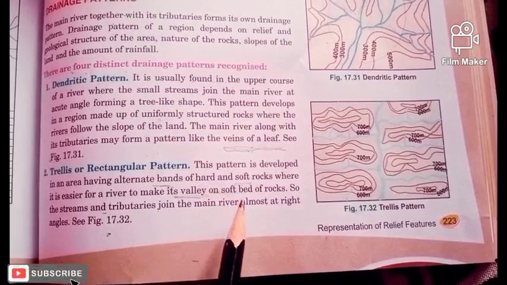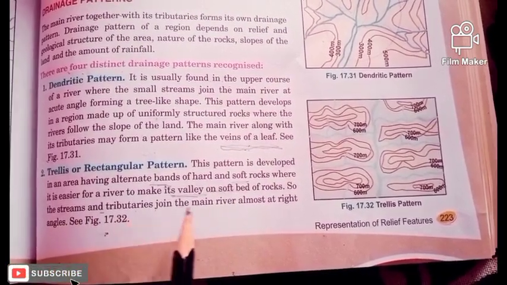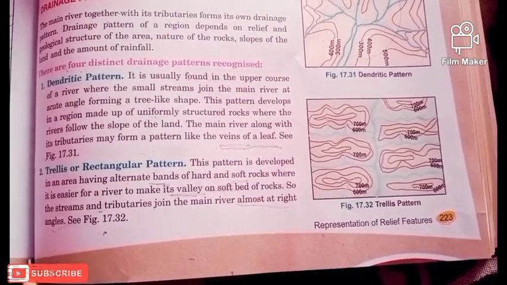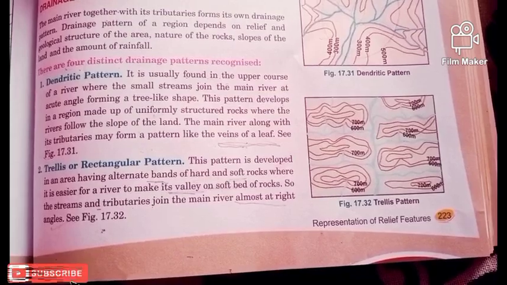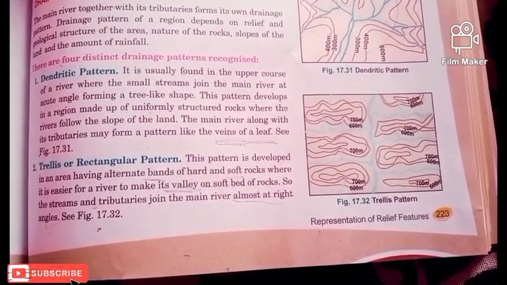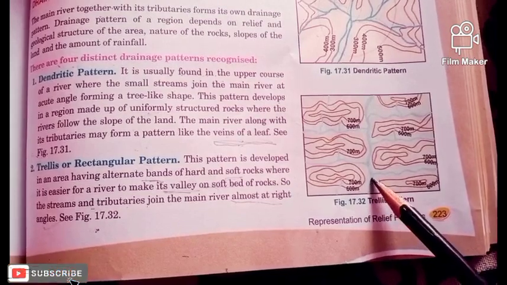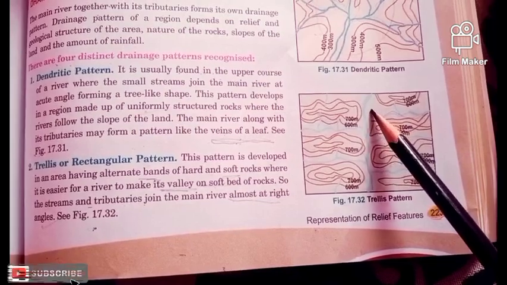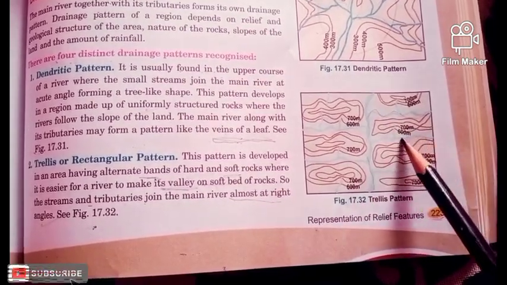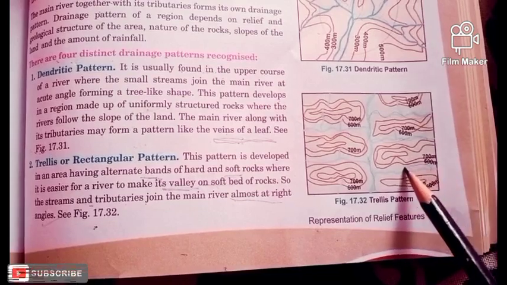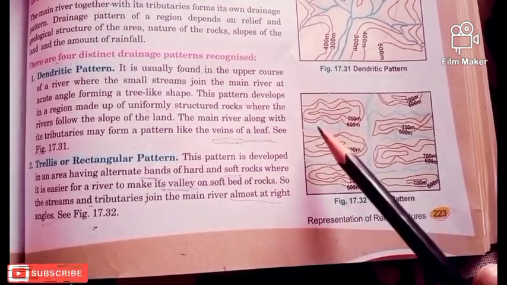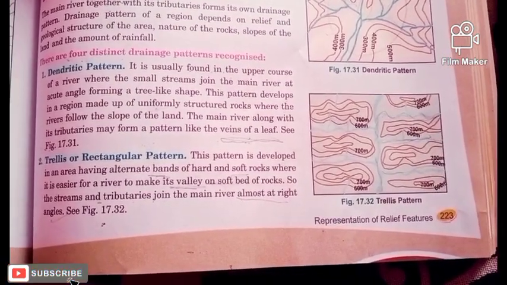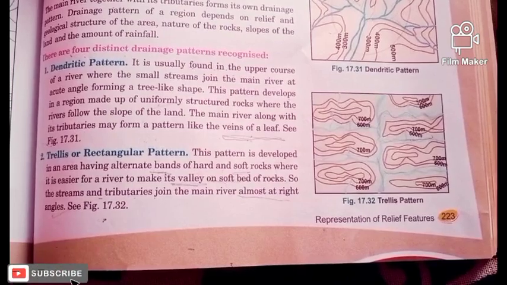Now, when the soft bed of rocks is available, the streams and tributaries join at almost a right angle to the river, and because of that it looks like a rectangular shape of drainage. For example, in the image we can see this is the main river, and the tributaries and streams join at almost a right angle, and if you see it broadly, it makes a rectangular structure. So this rectangular type of pattern is called trellis.